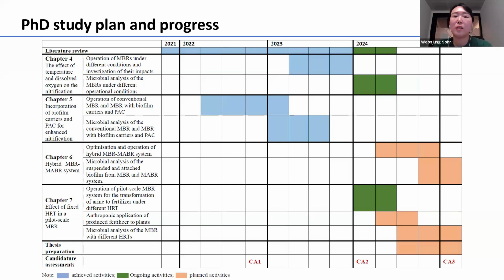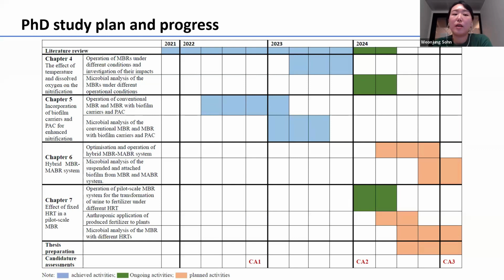I'll continuously operate this pilot system, but for my research objective for chapter 7, maybe one set of experiments will be completed in about 3 to 4 months.